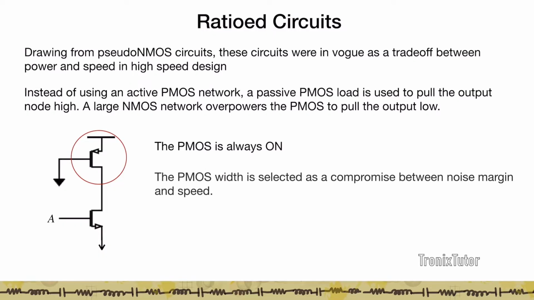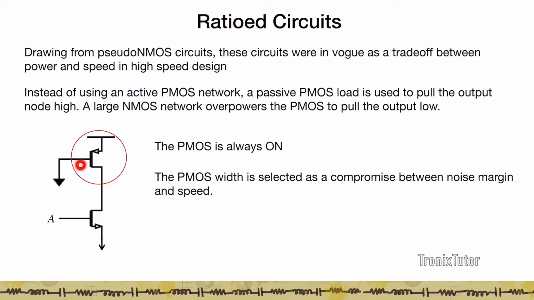So when A is 1, that is when this NMOS switch is turned on, there is going to be a continuous current that flows from VDD to ground. So this circuit is going to consume power even when the input is not switching.